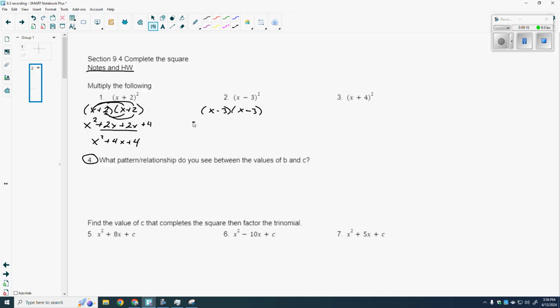Same thing, x times x, x times a negative 3, negative 3 times x, negative 3 times a negative 3. Combine like terms. And we have our expression multiplied out.